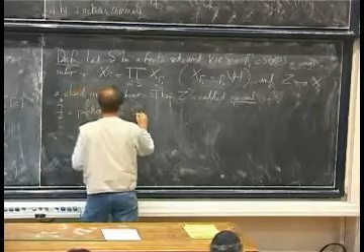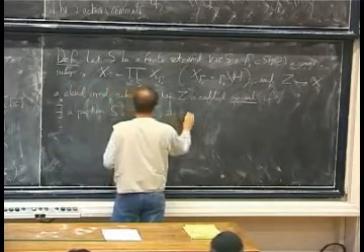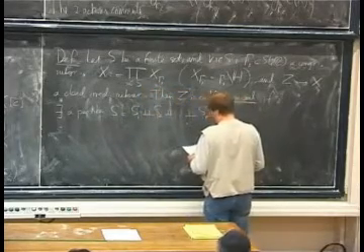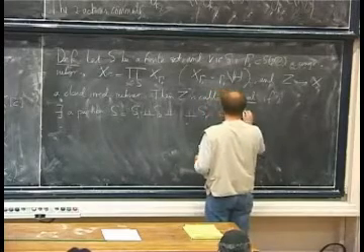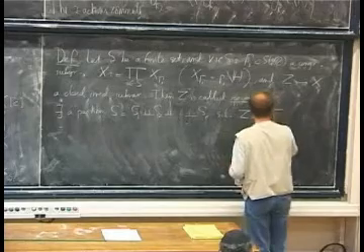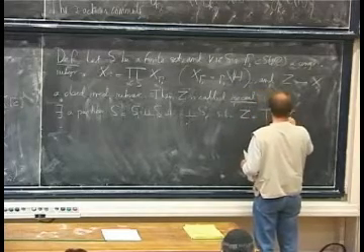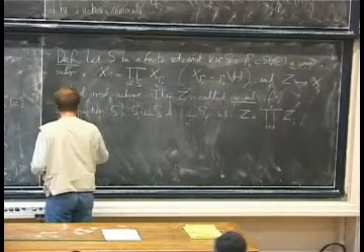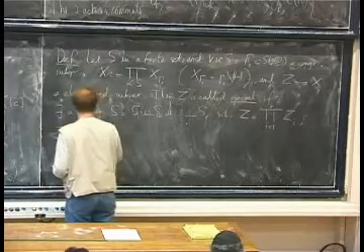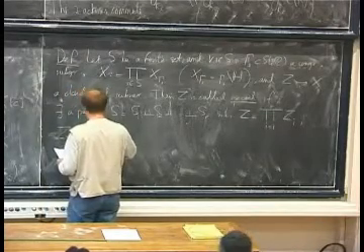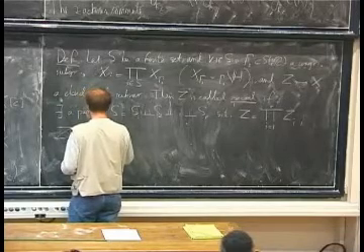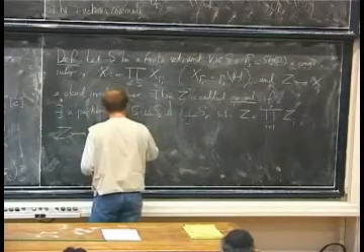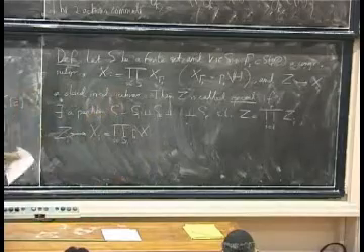S is S1 disjoint union S2 disjoint union SR, say, together with the following data, such that Z is actually the product of subvarieties Zi, where Zi is a closed irreducible subvariety of the product, say, of Xi, and Xi is the product for S in Si of the X mod gamma S. So I just take a subproduct.